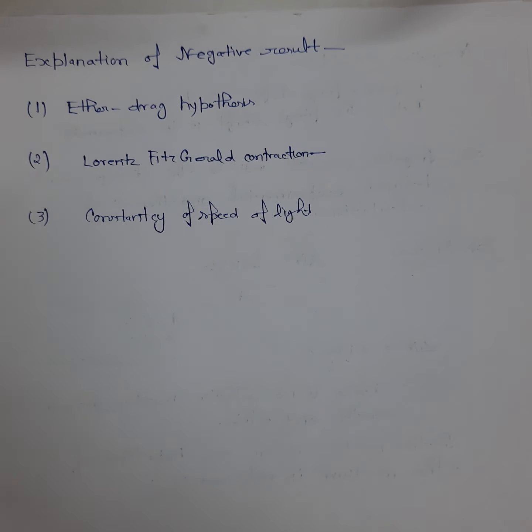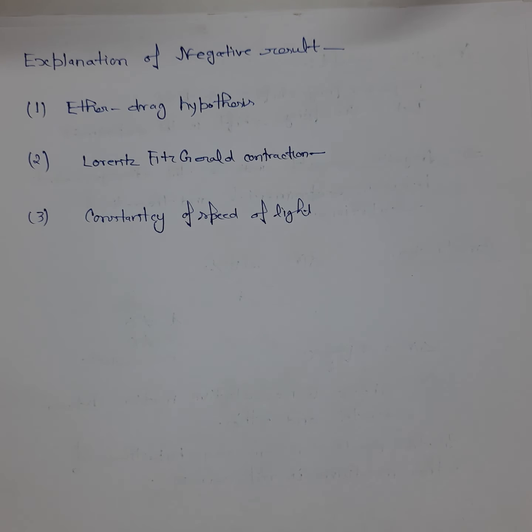The second hypothesis was the Lorentz-FitzGerald contraction hypothesis. In the year 1892, Lorentz and FitzGerald gave their own explanation for the negative result of the Michelson-Morley experiment.